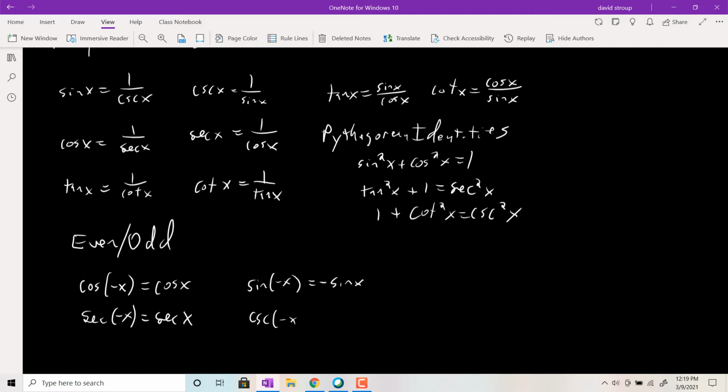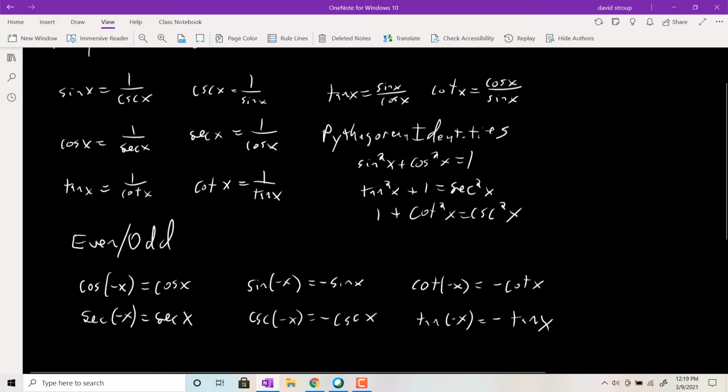Cosecant of negative x is negative cosecant x. Cotan of negative x is negative cotan x. And finally, tan of negative x is negative tan x. All these identities you had memorized for the first test, so this is hopefully just going to reinforce them in your brain.